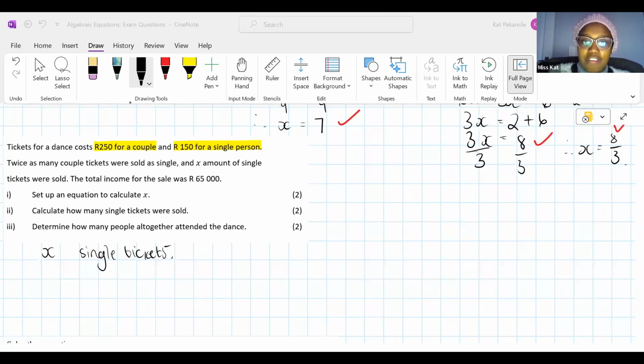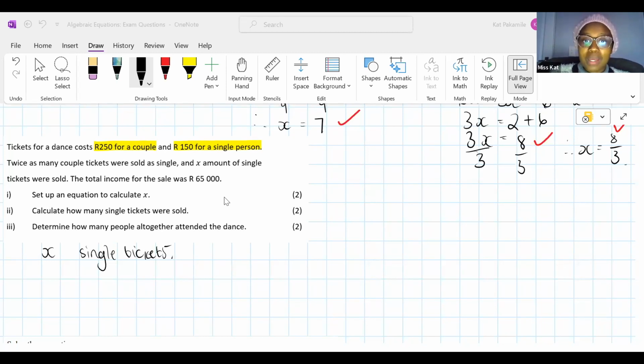Let's think about it carefully. If X is the single tickets that were sold, then twice as many. Come on, guys, let's get back to the question. When they were talking about how many tickets were sold, now we're not talking about the price, okay? So the yellow is the price, but we want to know how many. So they say to you, twice as many.